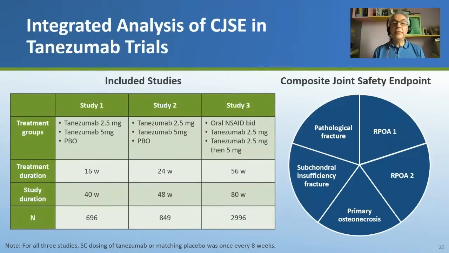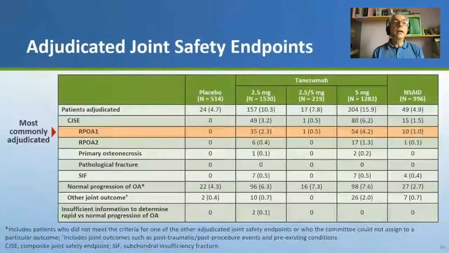As you can see here on this slide, the proportion was higher in the tanezumab treated relative to placebo or NSAID, and the incidence increased with increasing dose of tanezumab. The RPOA 1 typically occurred in the knee, but a few also in the hip. And in the hip, also RPOA 1 occurred more in the KL 2 or 3 at baseline. So there are some possible associations noted also with baseline disease severity.